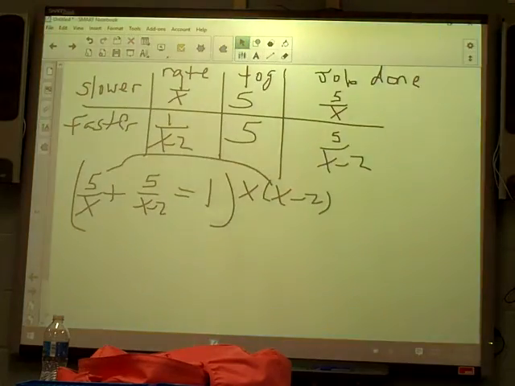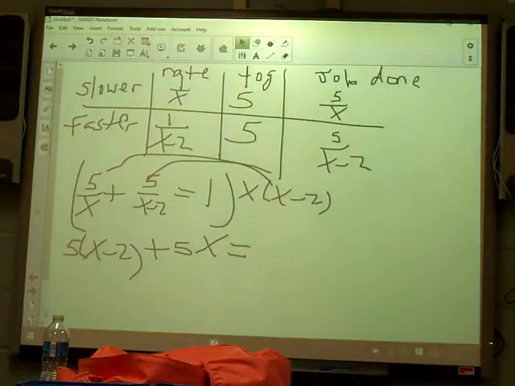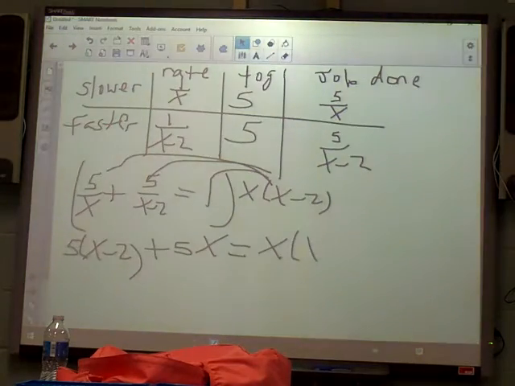So with that first 5, the x will cancel out, so it'll get the x minus 2. With that second 5, the x minus 2 will cancel out, so it'll get the x. With the 1, nothing cancels out, but 1, you don't have to write it again, because 1 times anything is what you started with, so it'll just be that.